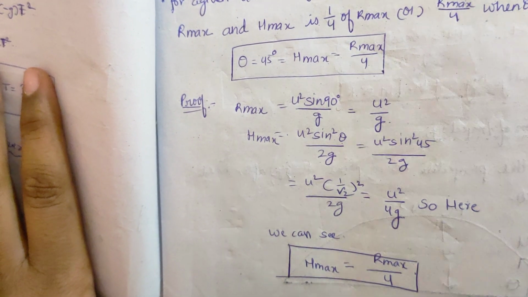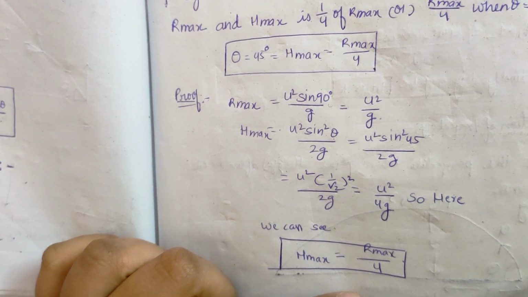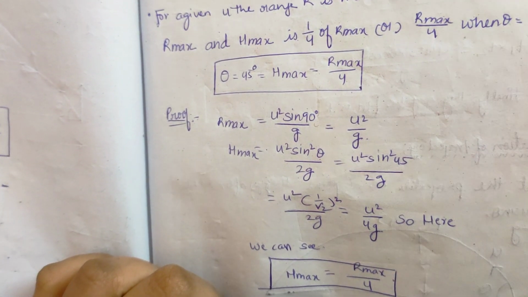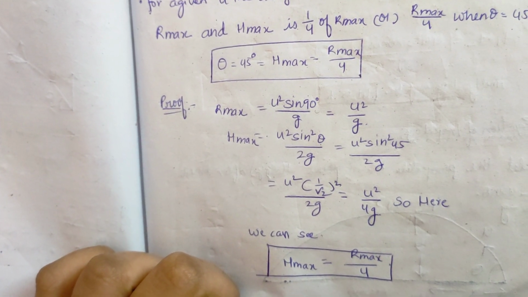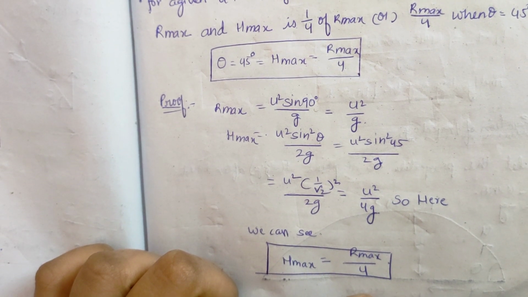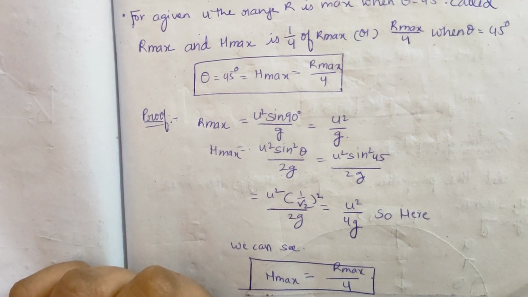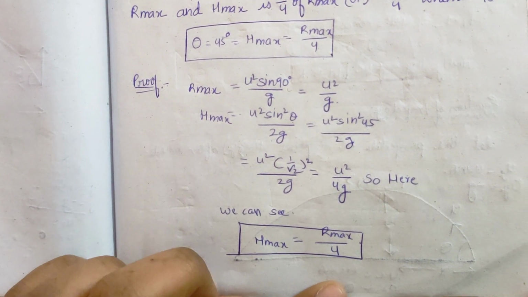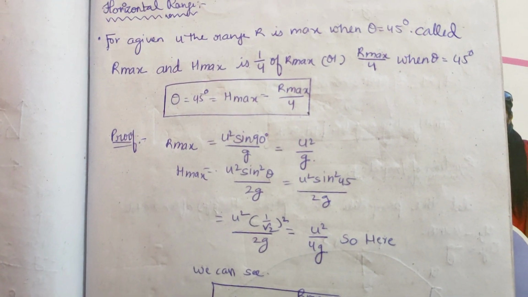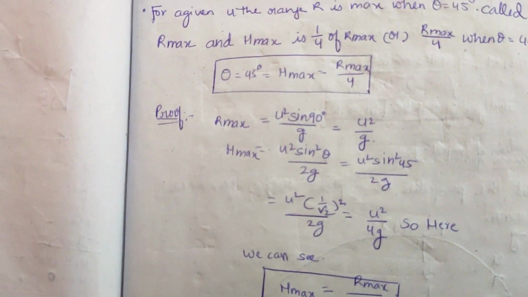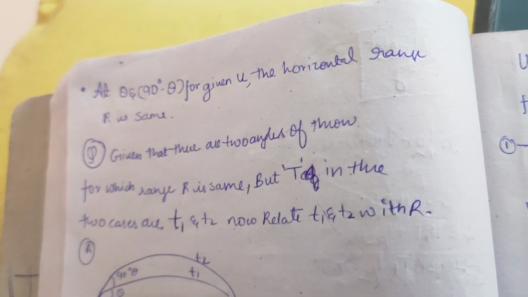H max equals u square sin square theta by 2g, so equals u square sin square 45 by 2g, equals u square into (1 by root 2) whole square by 2g, equals u square by 4g. So here we can see H max equals R max by 4, or 1 by 4th of R max. At theta and 90 minus theta, for given u, the horizontal range R is the same.